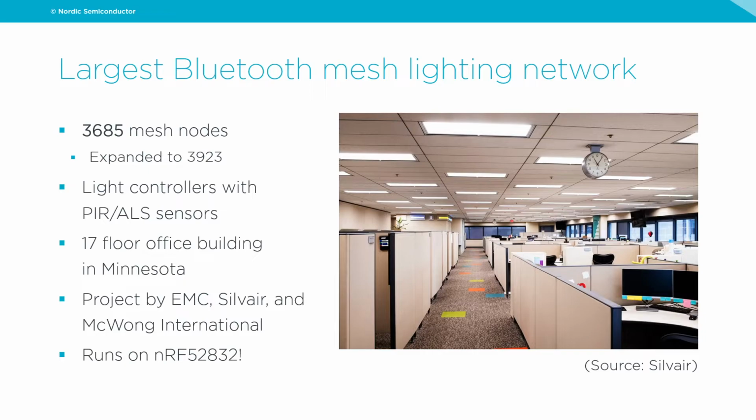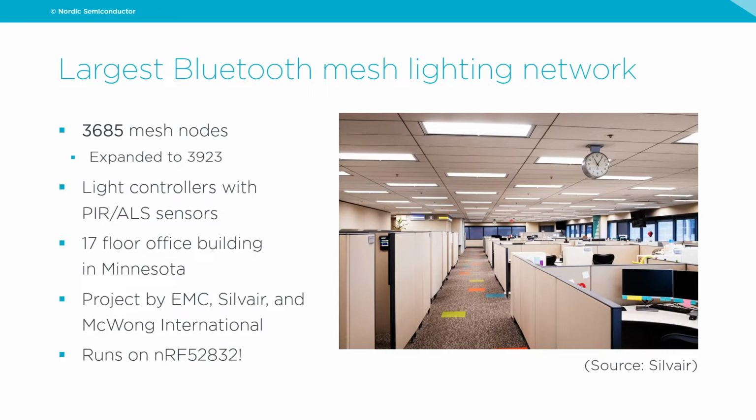So here's a picture of the current record holder of the largest Bluetooth Mesh lighting network. They started out with 3,685 mesh nodes, but it got expanded. So the current number I got was 3,923. The first nodes were light controllers with presence sensors and ambient light sensors integrated.